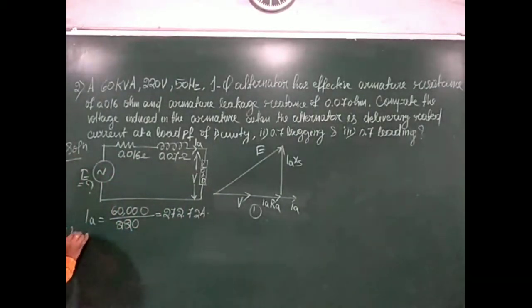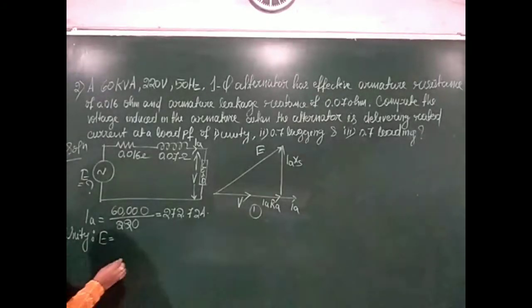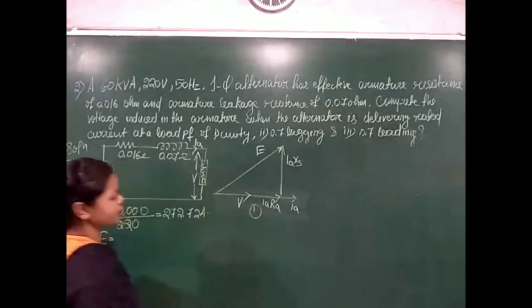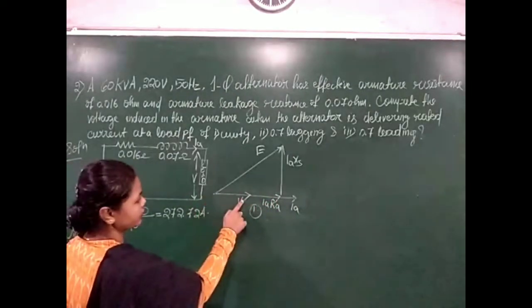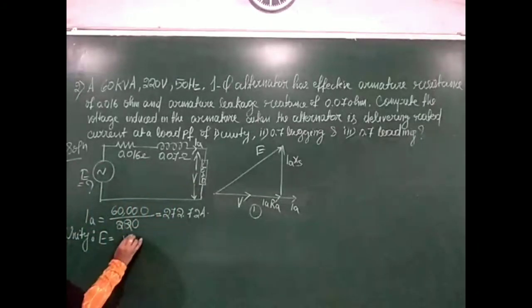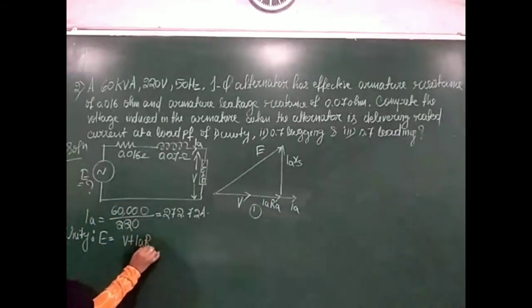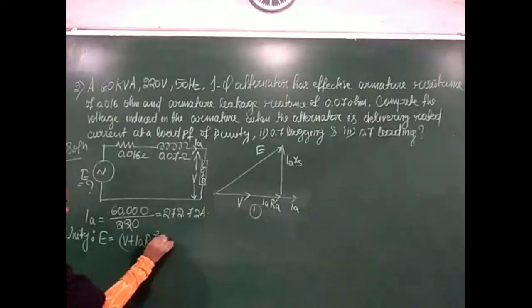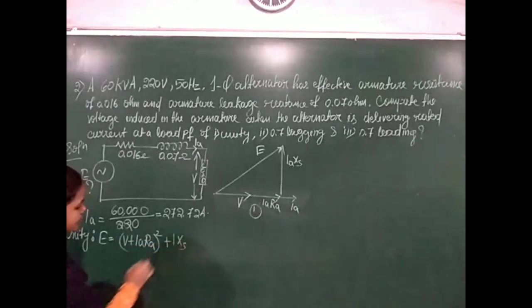So for unity power factor, the formula for calculating voltage induced in an armature E is equal to the phasor sum of V, IARA and IAXL. So it is V plus IARA whole square plus I into XL whole square, root over.